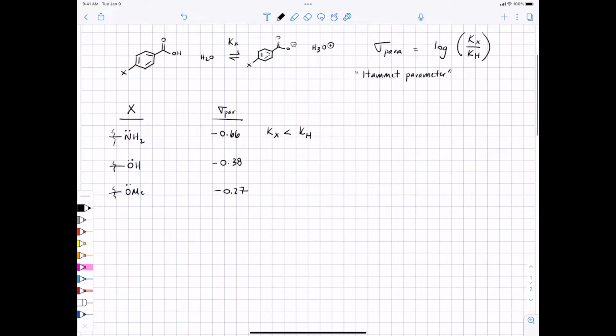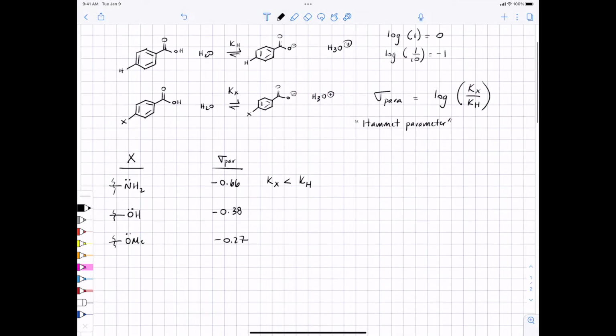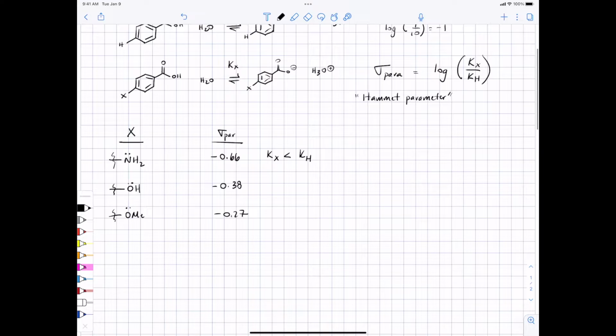Now let's try to figure out why we might expect these substituents to make benzoic acid deprotonation less favorable. And to do this, we need to focus on the conjugate base. So let me draw the conjugate base, benzoate, with the amino group at the para position.